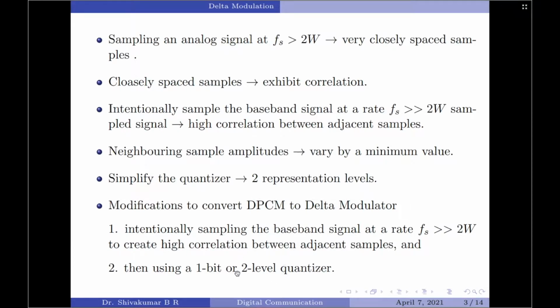We say it is 2-level because when I say 1 bit, it is 2 to the power of 1, which is 2 representation levels. That is why this is also called a 2-level quantizer. When I incorporate these modifications, the DPCM simply converts to a delta modulator. So, in simple words, we can say delta modulation is simply a 1-bit version of the DPCM.